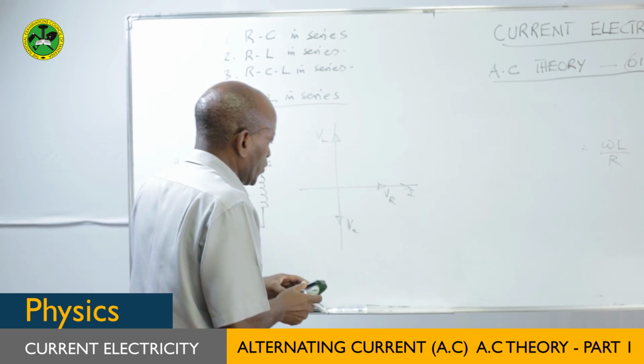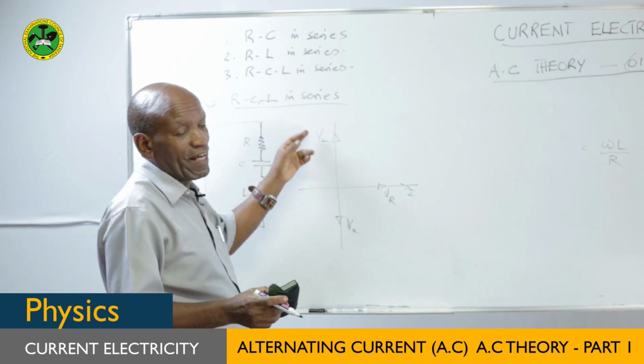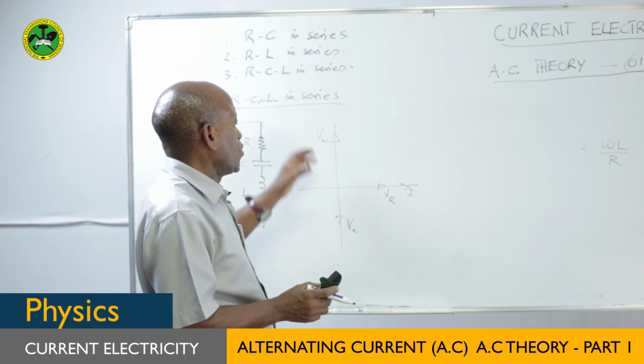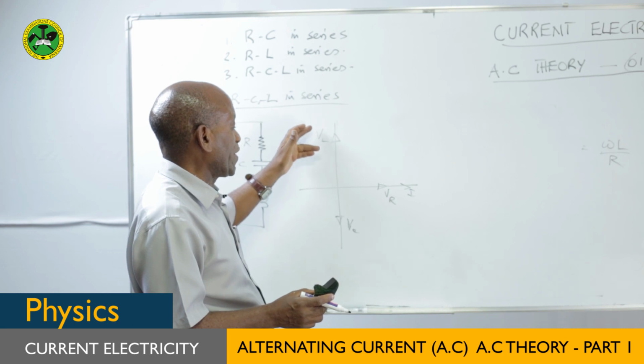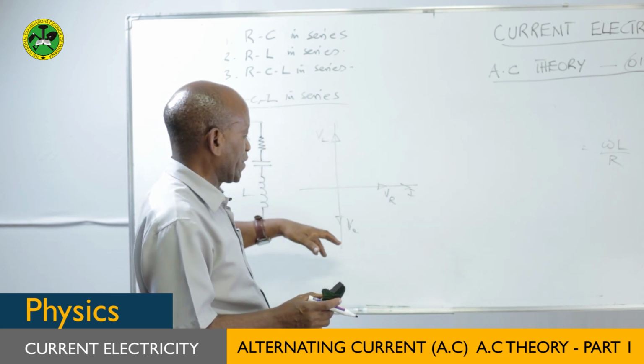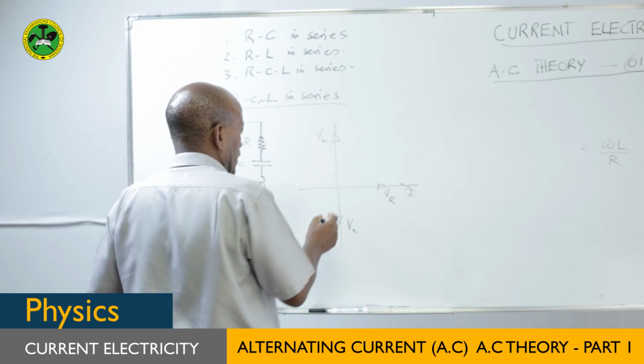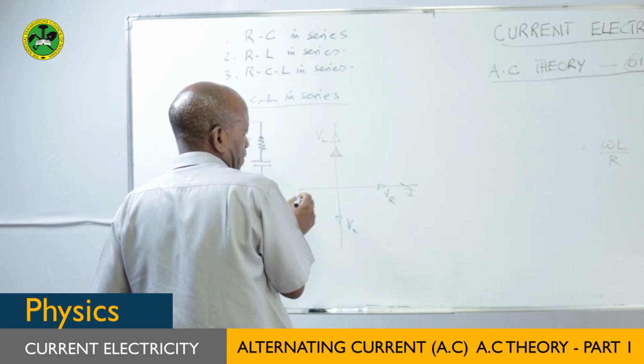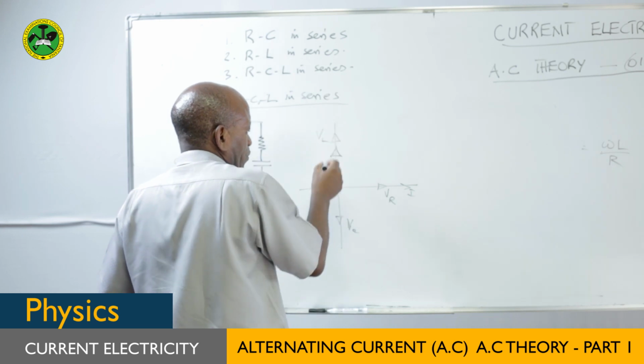And you can see that the voltage through an inductor and that through a capacitor are antiparallel. So generally, you find that the voltage through an inductor dominates, and therefore the actual resultant will be somewhere there, acting in this particular direction.